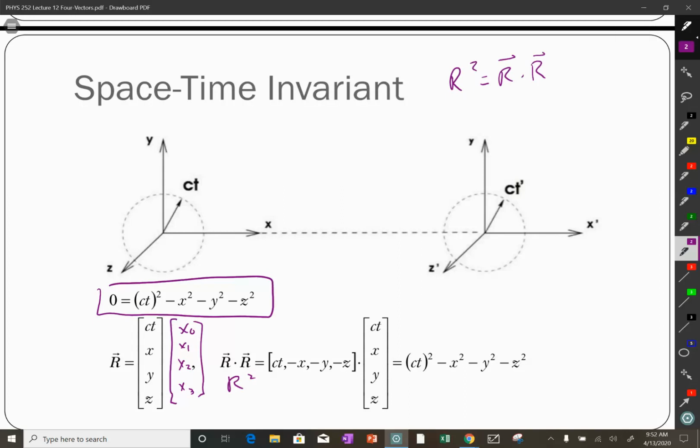Remember, from multiplication of matrices, you take the first item times the first item, plus the second item times the second item, plus the third item times the third item, plus the fourth item times the fourth item. You're only multiplying the parallel parts when you're doing a dot product. And so when you do that, you get the thing that we just had. So that's a little bit tricky about how we do the dot products with these four vectors.